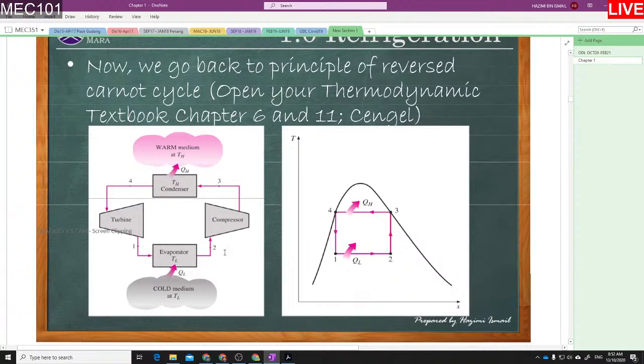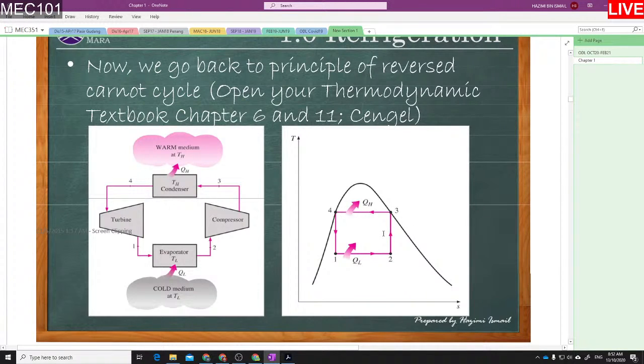Okay, so for the refrigeration purpose, they reverse the direction. Obviously, the difference between this one and the Carnot cycle you learn in MEC251 is the direction. The normal Carnot cycle is to get the work output.